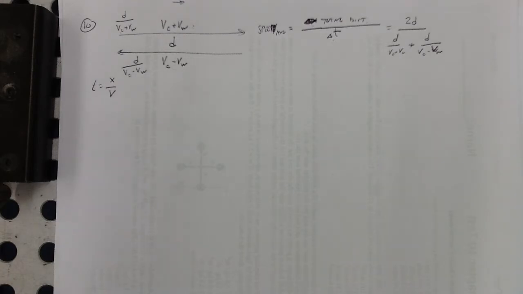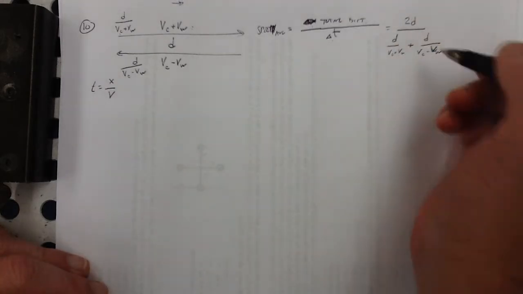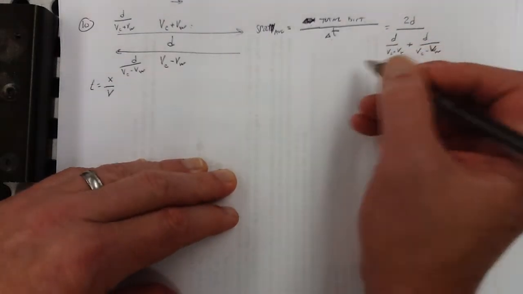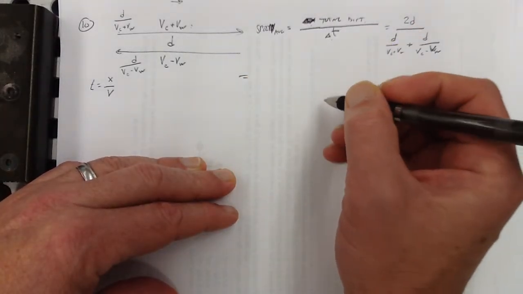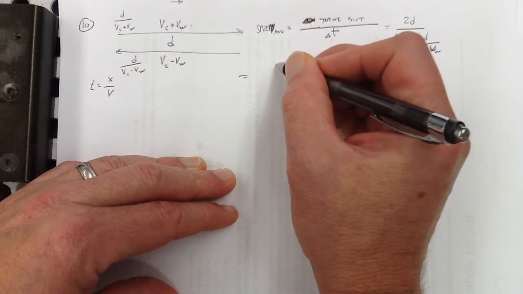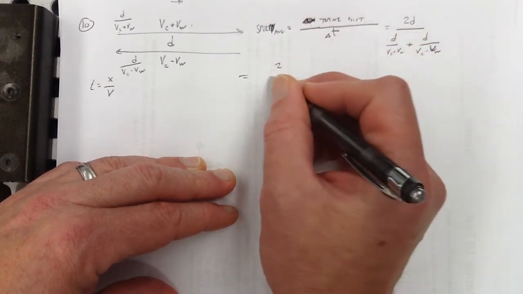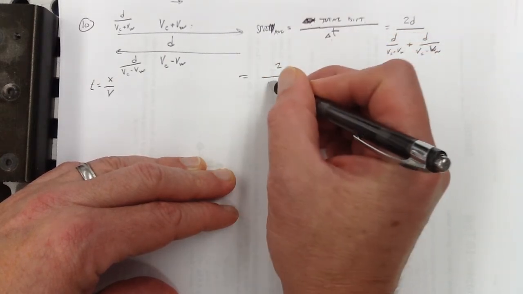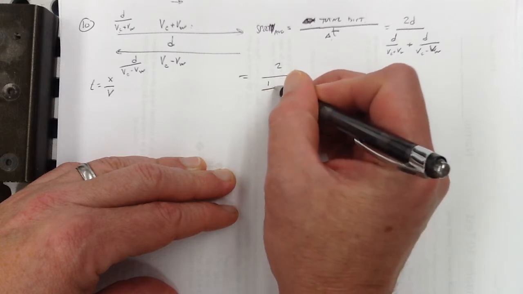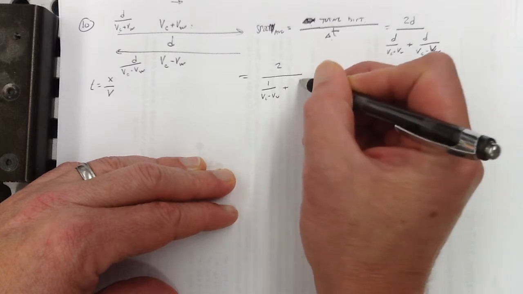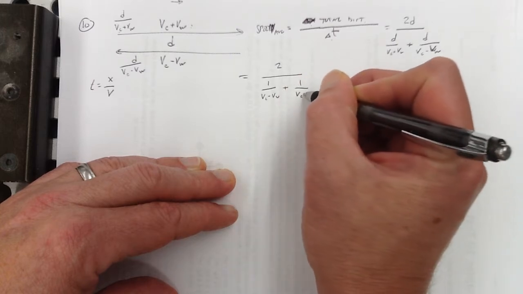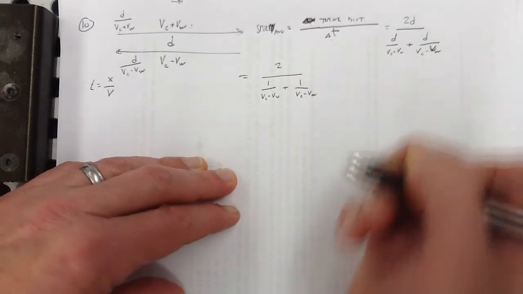Okay, so what does that mean? Well, the D's are going to cancel out here. And let's just do a little algebra here. So the D's cancel out, and I get 2 over 1 over vc plus vw plus 1 over vc minus vw.